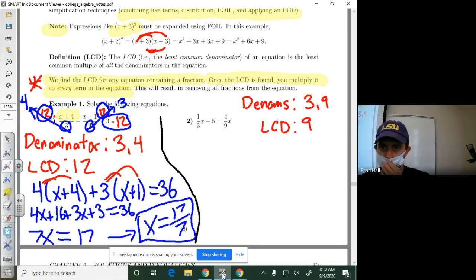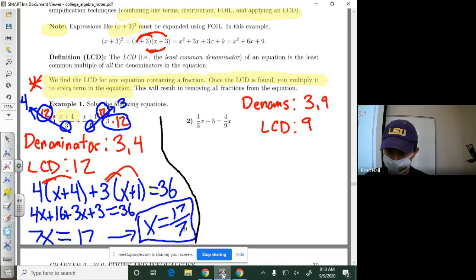So your least common denominator could possibly be one of the denominators. That's perfectly okay. But we choose this on purpose because we want this cancellation to happen, where the fractions are guaranteed to cancel out. That's why we pick the LCD with this divisibility criteria.